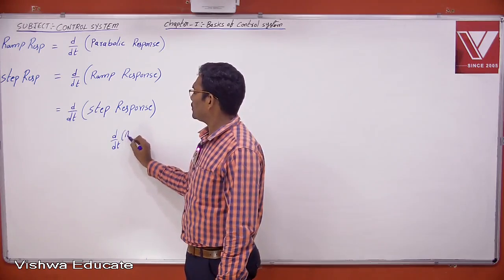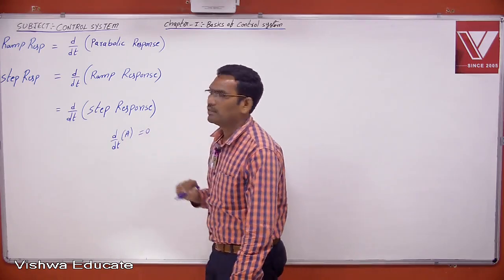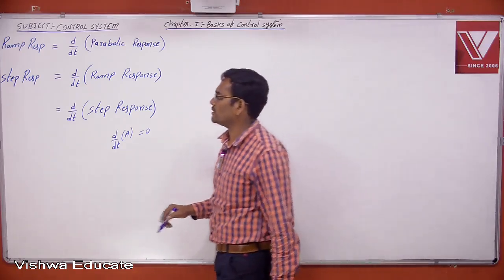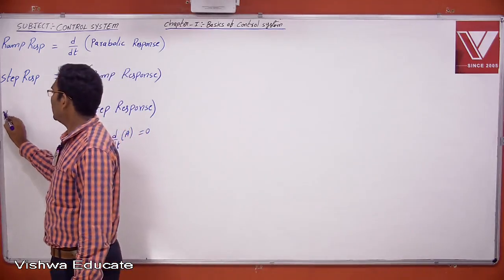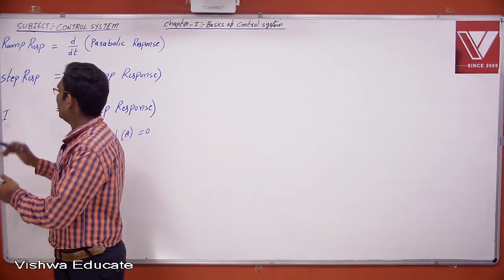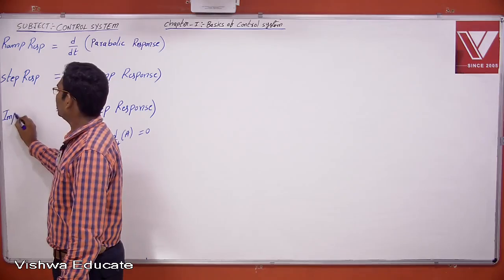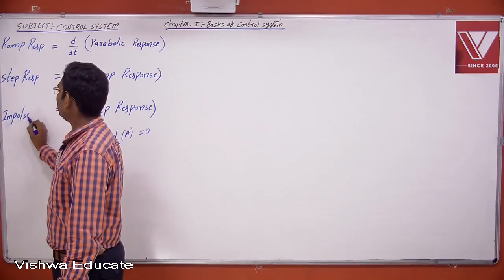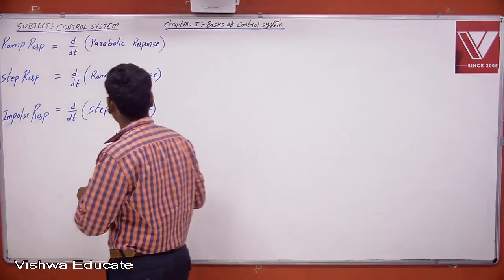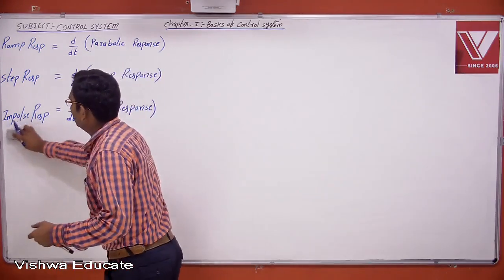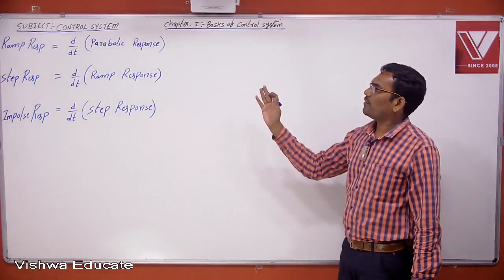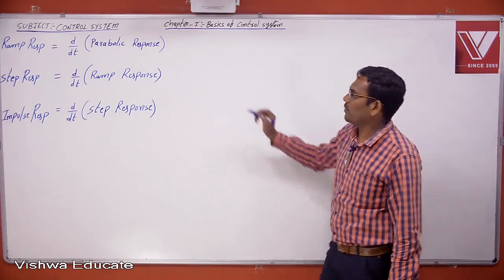Differentiation of a constant is nothing but 0. At 0, which signal is existing? At the origin only one signal is existing, that is nothing but the impulse. Therefore, the differentiation of the step response is nothing but the impulse response. Now these are the conversions from one response to another response.